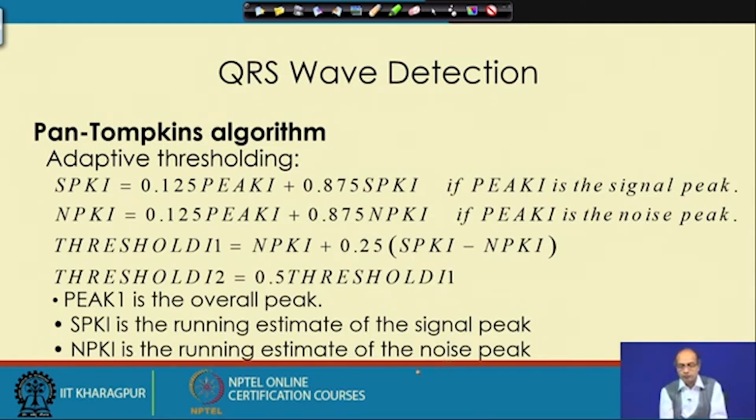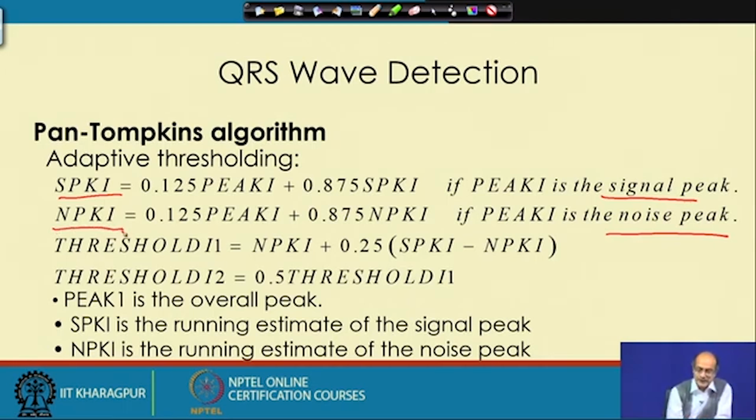If we take a threshold, whatever we get above the threshold could be a signal peak or a noise peak. If it is a signal peak, it is used to update the running estimate of the signal peak. If it is a noise peak, then that peak is used to update the estimate of the noise peak.